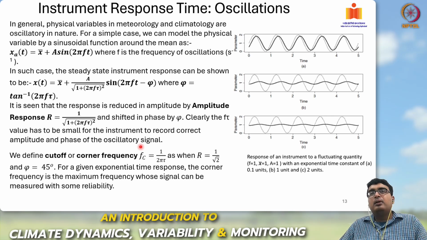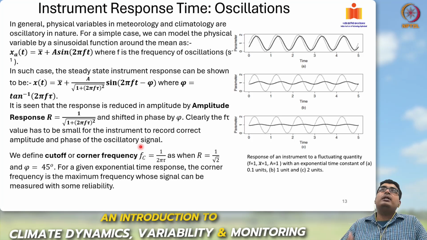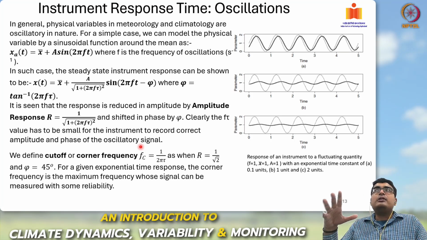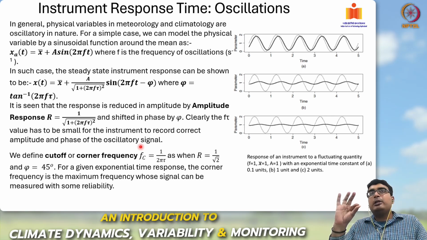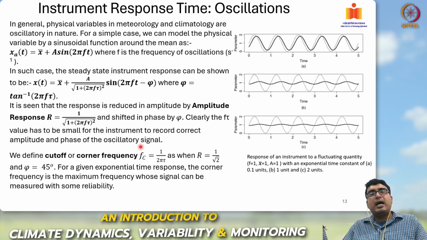For example, if you think of the air temperature, and you continuously log the temperature throughout the day, it will be low in the morning, rise up in the afternoon, fall back down towards midnight, and again start to rise in the morning. So it will have an oscillatory structure to the signal of temperature.